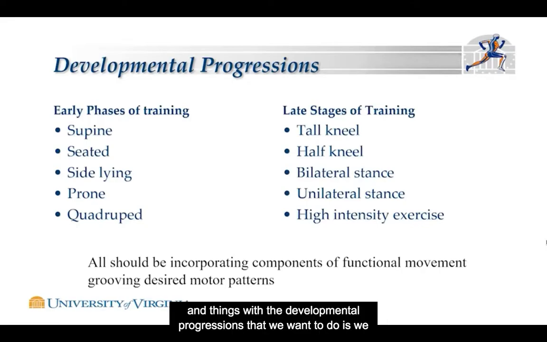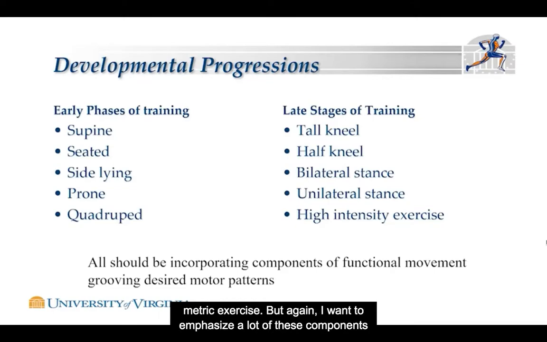With the developmental progressions, we want to make sure that all of these motions incorporate components of functional movement patterns, moving a desired motor or movement pattern for your athletes. Early stages of training can be supine, seated, sideline, prone, and quadruped, and the later stages of training can be tall kneel, half kneel, bilateral stance, unilateral stance, and then high intensity exercise, such as a low level plyometric or a plyometric exercise.